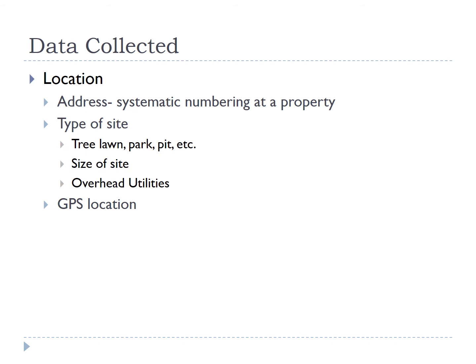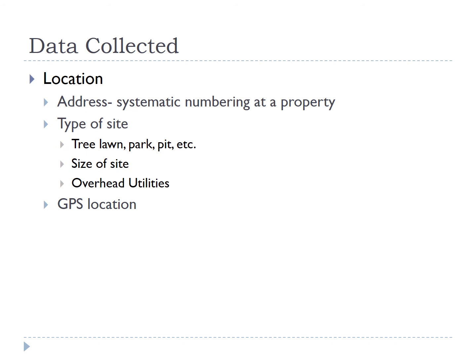And then also whether there are overhead utilities, specifically 3-phase wires. 3-phase wires are the utility electric wires that have 3 of them together on the poles. There's 3-phase and single phase, and every so often you'll find 2-phase where there's just 2 wires.